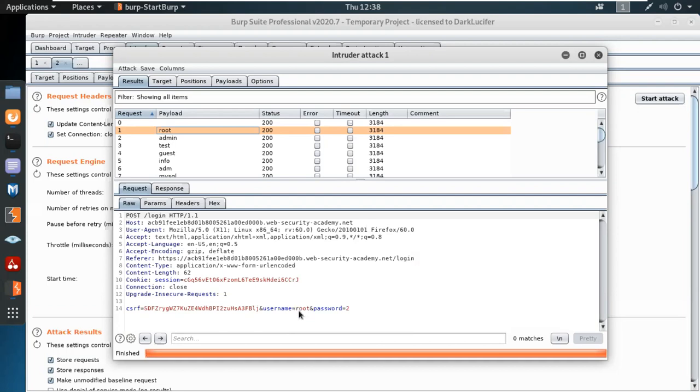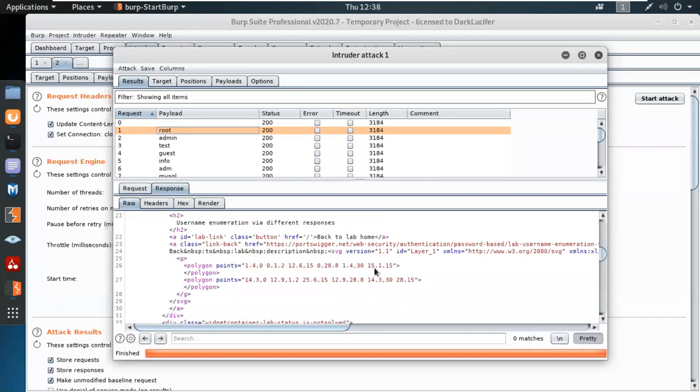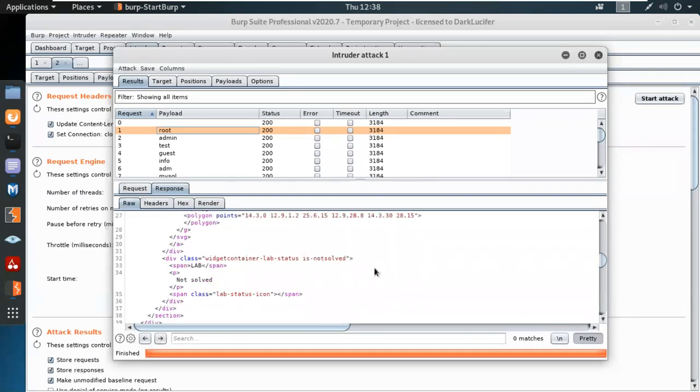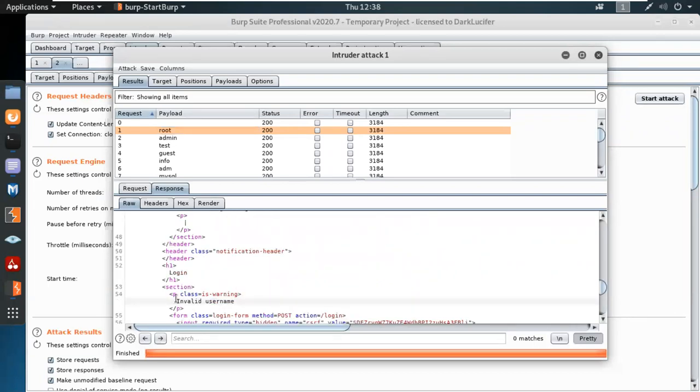So we have the username root, and let's see the response. Invalid username. So this should not be there if root is the genuine one, because the status code is 200. The response code is 200, which means it was found and the request from the client side was completed.